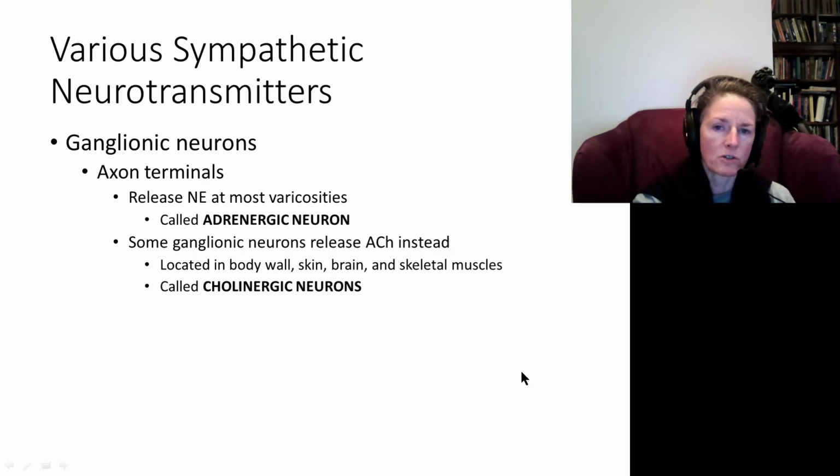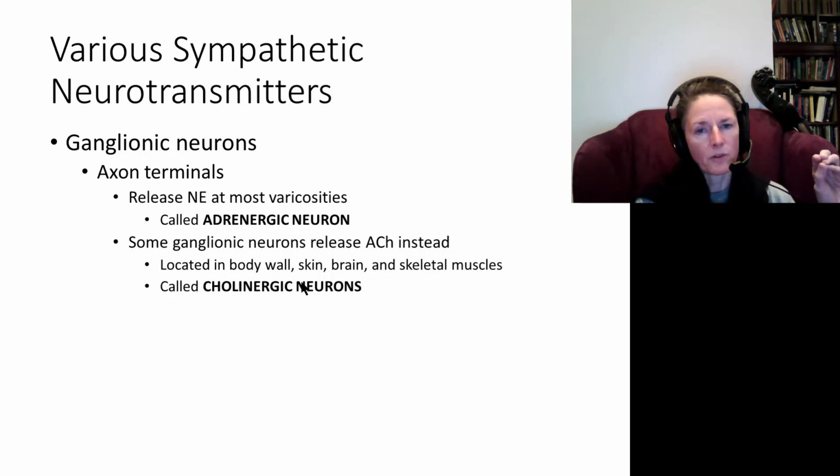We're going to have adrenergic neurons within the sympathetic division. We're also going to have a few cholinergic neurons within the sympathetic division. And we will find that all of these receptors, regardless of what the neurotransmitter is that stimulates them, will all be second messenger systems. So instead of having a ligand-gated channel, we're going to have second messengers. We will find that this is true in the parasympathetic division as well.